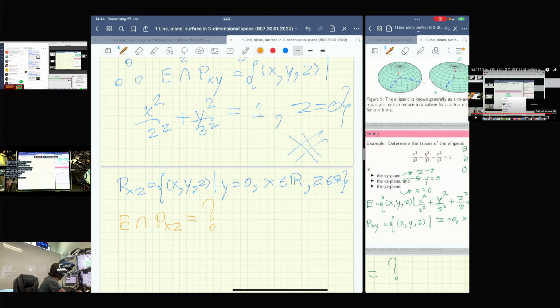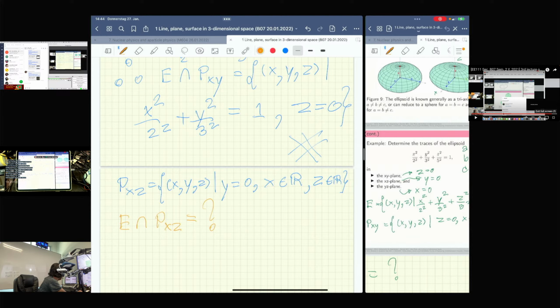Okay, this one: x squared, and here is z squared, divided by 5 squared, and we plot it. We're going to see the plot result, right? Yeah, you get this one. Okay, the result.